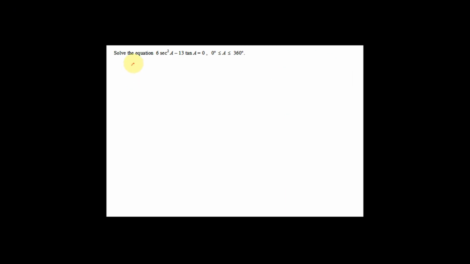Solve the equation 6 secant square a minus 13 tangent a equal to 0. So remember your basic trig identity, you have 1 plus tangent square x equal to secant square x. Now you have tangent a here, so you're supposed to change your secant square a. You have 6 times secant square a, which is 1 plus tangent square a, minus 13 tangent a equal to 0.